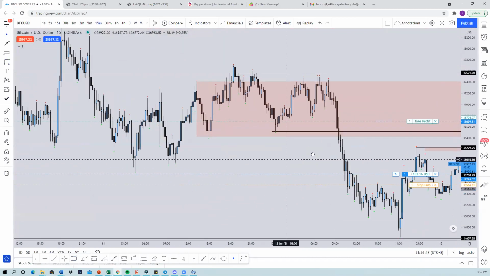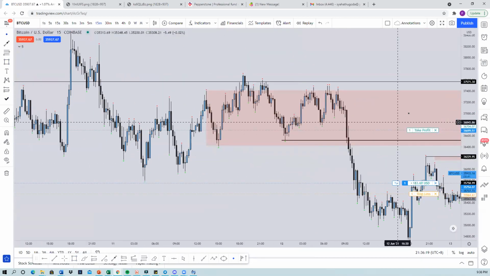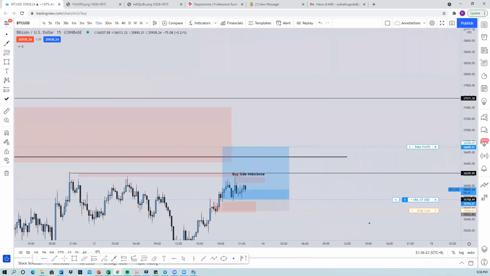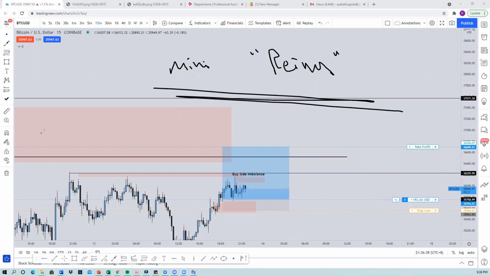If you know what you're doing, you can definitely trade every single move that happens. So essentially at the end of everything, you are going to be mini Rhyme, or mini ICT. We can't be mini ICTs because we don't know everything he knows. But yeah, mini Rhymes.